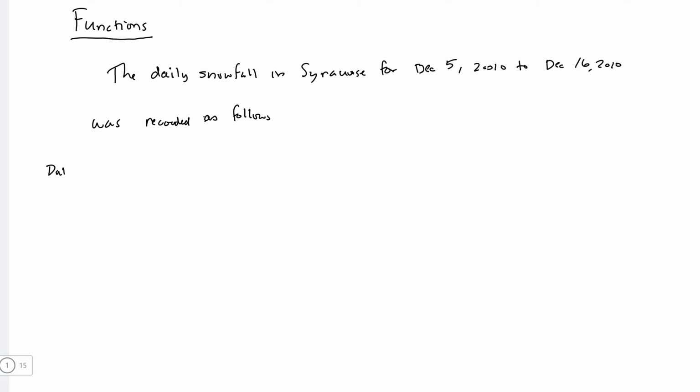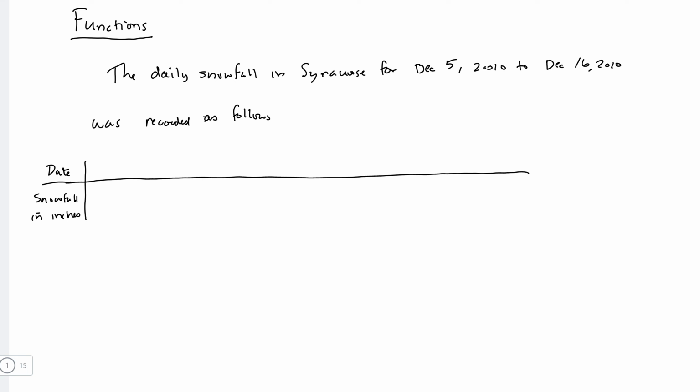Let's give the date and then the snowfall in inches. So we'll use these dates as the 5th, the 6th, the 7th, 8th, 9th, 10th, 11th, 12th, 13th, 14th, 15th, and 16th.